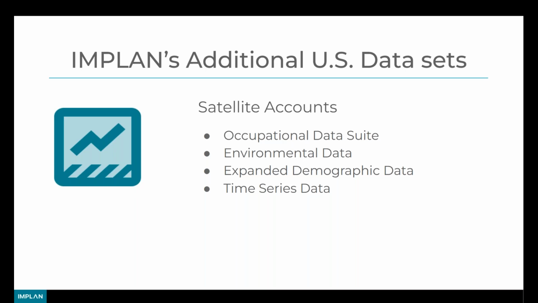We've recently released an expanded demographic data set that includes age, education, race, home ownership, and housing costs, as well as various additional demographic data points. And last but certainly not least, IMPLAN also provides time series data going all the way back to 2001.